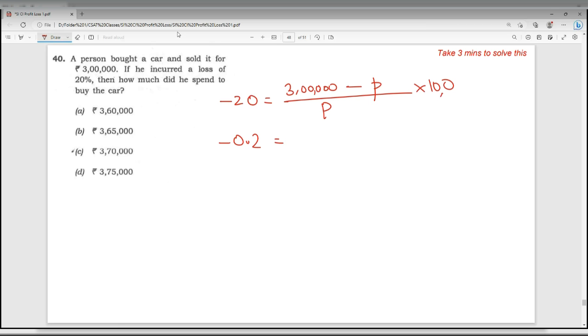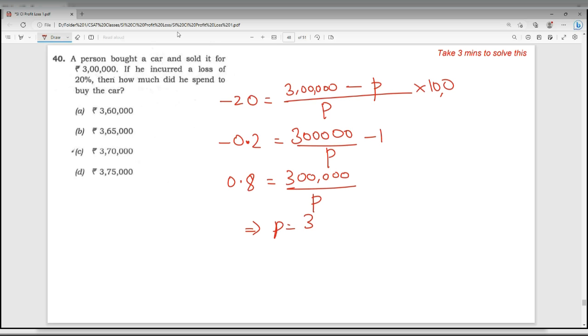So 0.2 is 3 lakh by P minus 1. This will become 0.8, which is 3 lakh by P. So P is equal to 3 lakhs divided by 0.8.